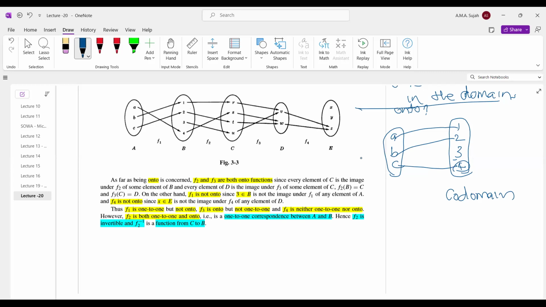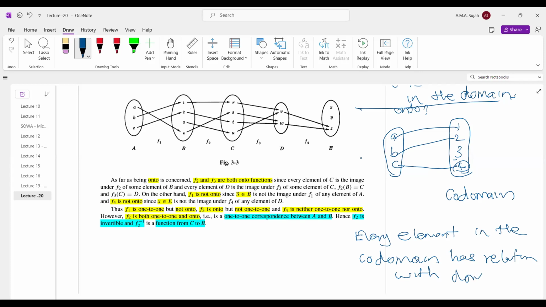The definition says every element in the codomain has a relation with domain elements, at least one relation. Every element in the codomain has at least one image, at least one relation with a domain element.